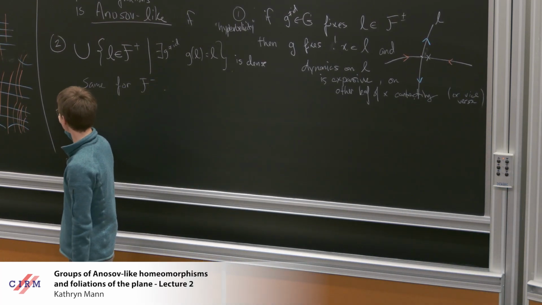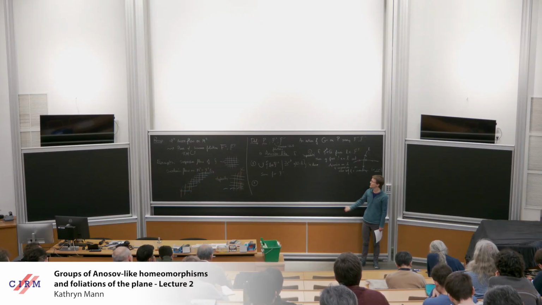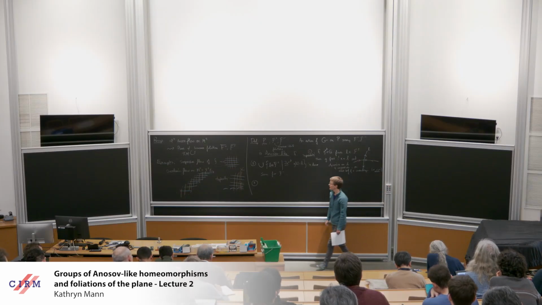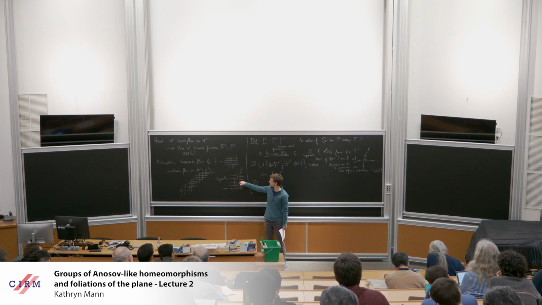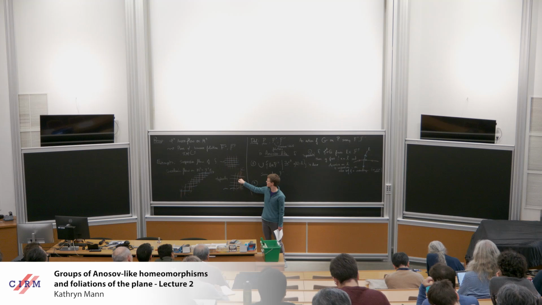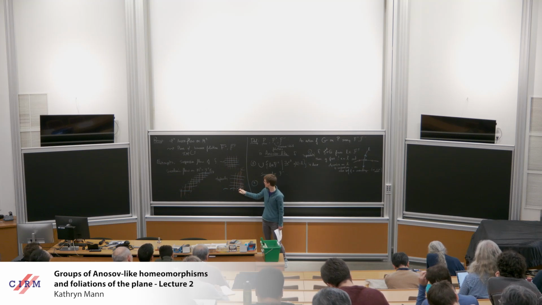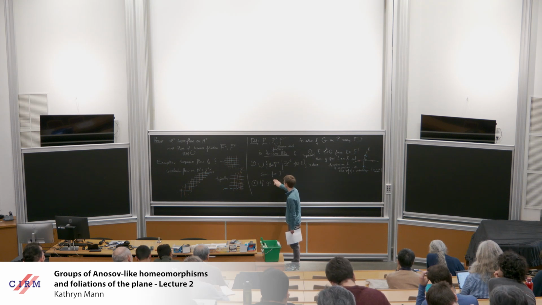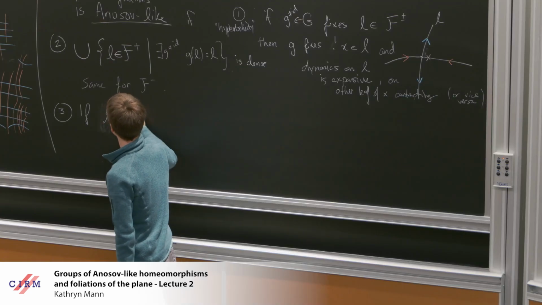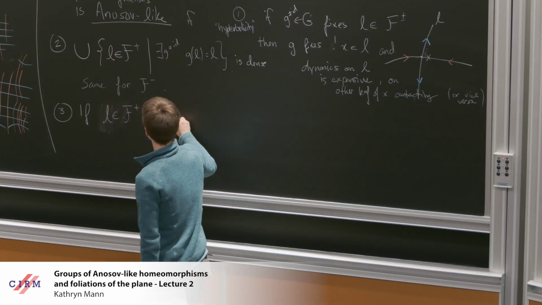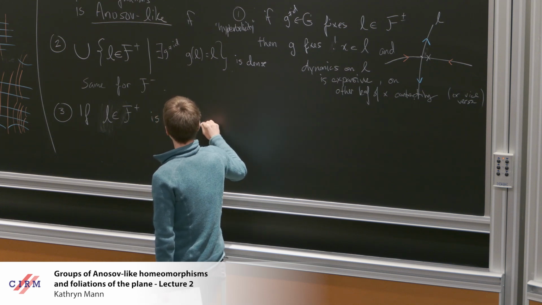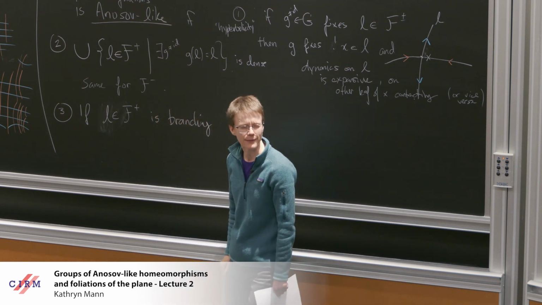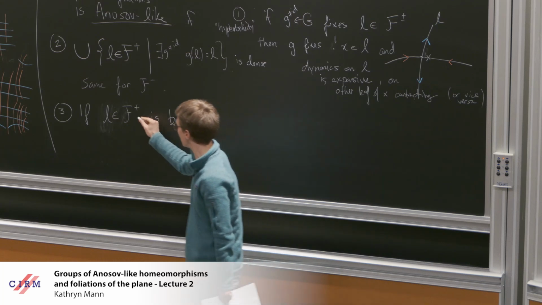And there's a third property which says that interesting features are also detected by this behavior. So if I have a branching leaf, as I was saying before, one that is accumulated by a sequence of leaves that also has a different limit. So if L in, say, F plus is branching, this just means it's like a non-Hausdorff point of the leaf space of that foliation, or F minus.